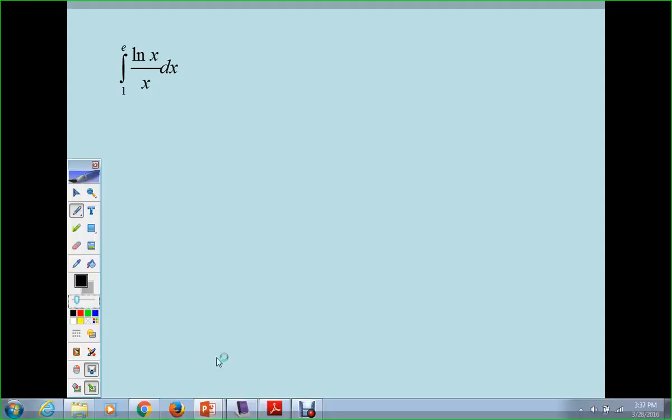Here we have another definite integral. Let's let u equal ln of x. Du then would be 1 over x dx. And you can see that to replace ln of x, we would just have u, and dx times 1 over x would be our du.